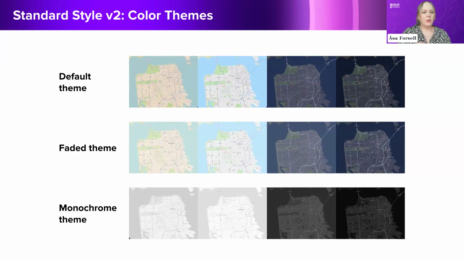The faded theme is a more subtle version of the default, and of course monochrome is, well, monochrome. All of these themes can be changed at runtime, meaning that you do not have to change between styles and load new styles. Instead, it's just one configuration. This means that with this one style, you actually get 12 different style variants that you can switch between as you want.